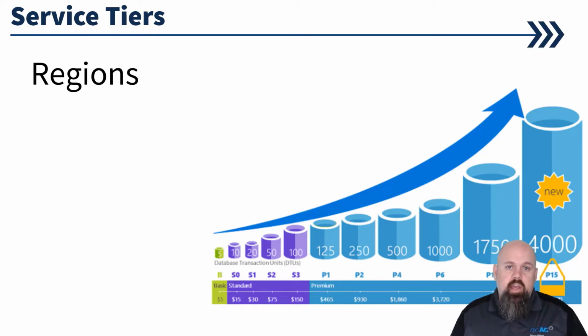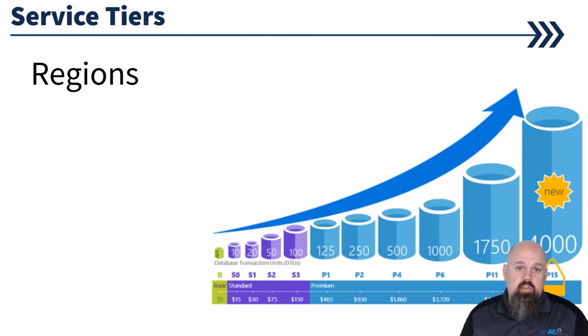I'm going to want to put my SQL database into a region that is closest to my end users or consumers. If all my consumers are on the East Coast, it doesn't make sense to put my database in Australia. It probably won't work for all users worldwide, but if the majority of my consumers are on the East Coast, I'm going to try to solve that 80-20 problem by putting the database in the closest region possible.